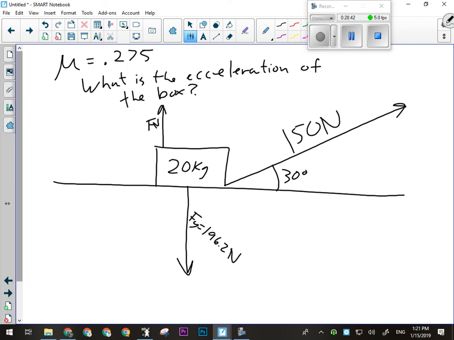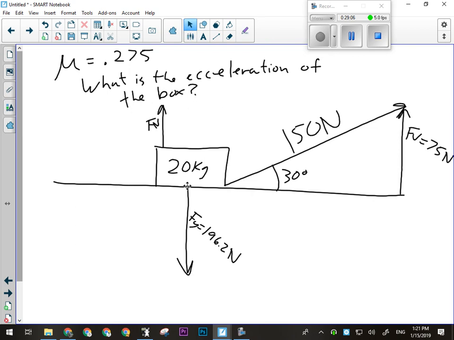It's not going to be 196.2 newtons, however. Why not? The vertical component of this 150 newton force is going to be bearing some of the weight of this box. So we need to find this vertical force by going sine of 30 times 150. So this vertical force is 75 newtons.